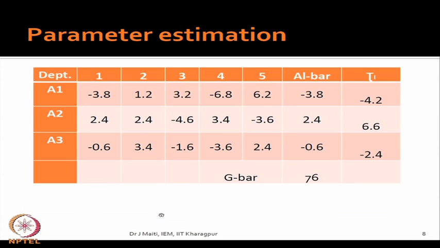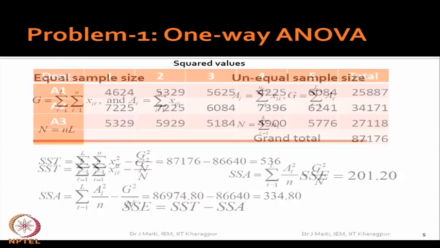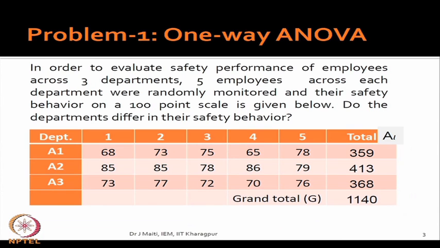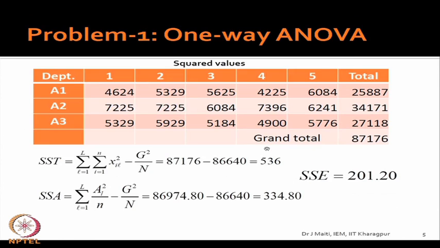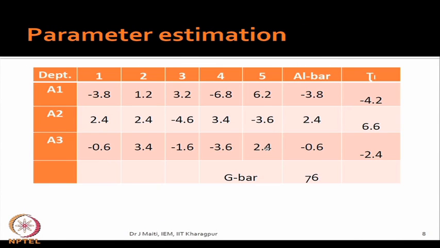Now, let us see for the data points what we have discussed here. These are the data points given. Now, with respect to this, we want to see all the parameters. Here tau L, that is tau 1, tau 2, tau 3.